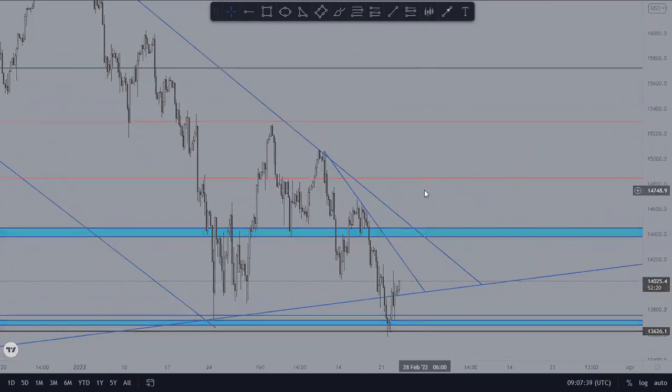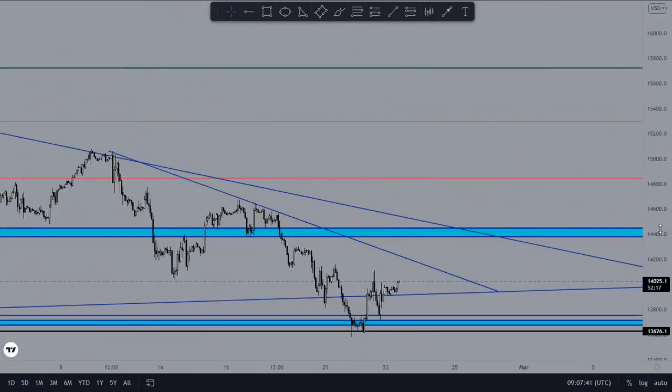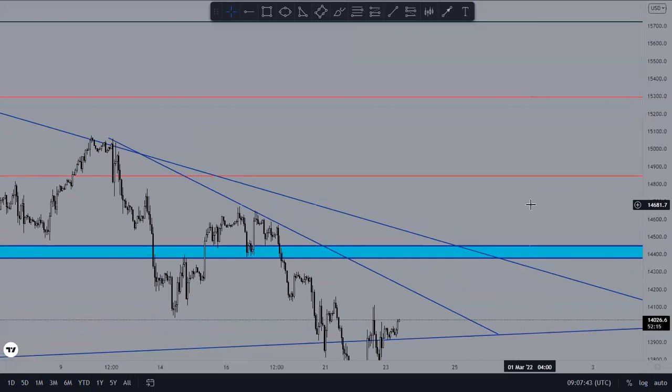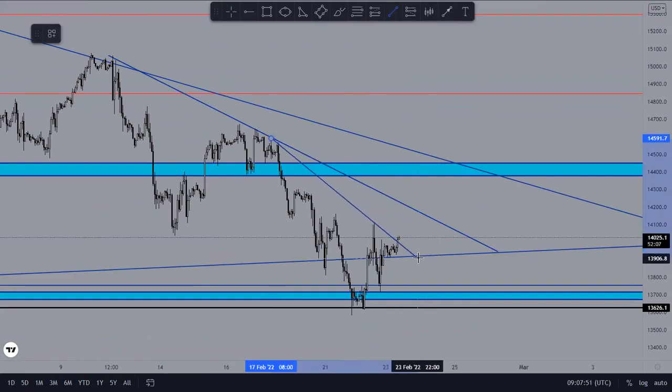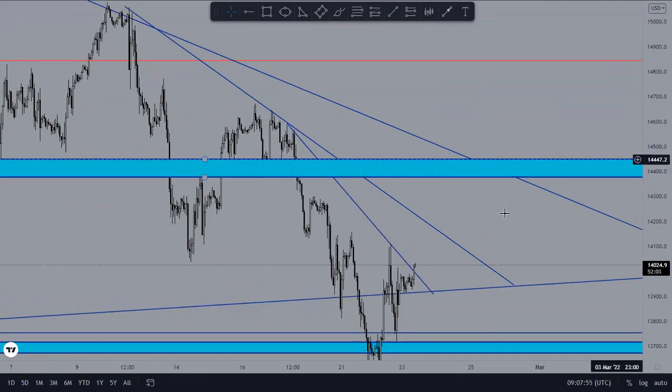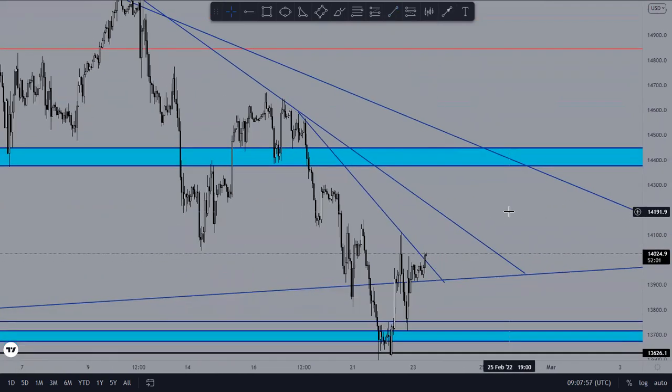If you go to 1 hour as well, you can identify another sniper trend line, which you saw in the beginning of the video, which is that one. Yes, like that one. So right now, guys, we're going up now on the Nasdaq.